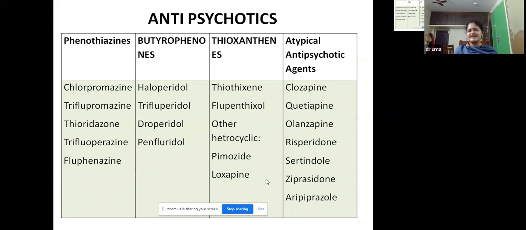And these are antipsychotics. The first three columns are typical antipsychotics, and the fourth column is atypical antipsychotics. So atypical antipsychotics are clozapine, quetiapine, olanzapine, risperidone, sertindole, ziprasidone, and aripiprazole.